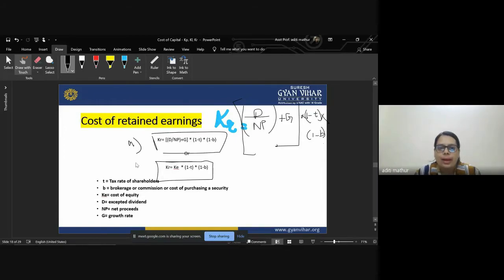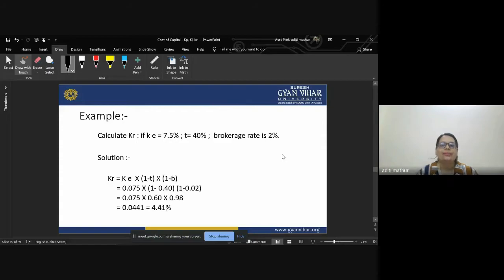So these are your formulas A and B. The only difference between both formulas is that the KE formula is given over here. Right? So it is the full version and this is the short form. Now let us solve a question and understand how to calculate cost of retained earnings.